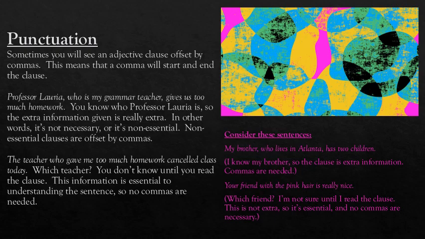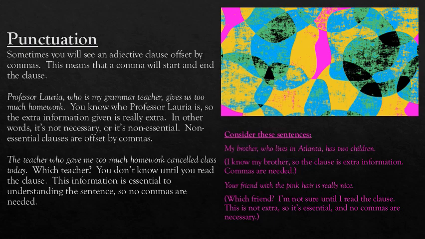So because it's extra, it's not necessary, and it's called a non-essential clause, right? You know who Professor Loria is. So the extra information is truly extra, so you can put commas around it, meaning you can take that out of the sentence altogether and you still know who Professor Loria is.